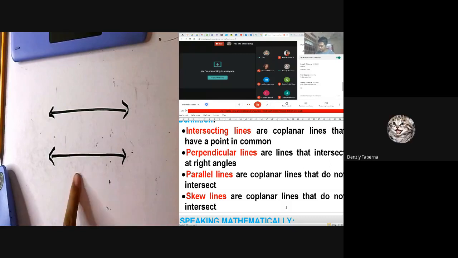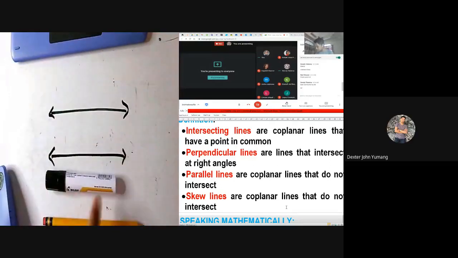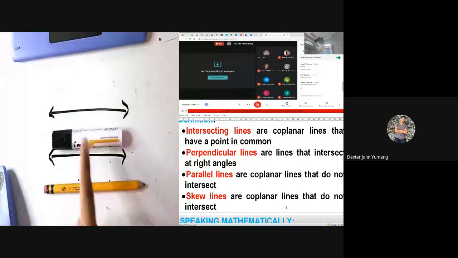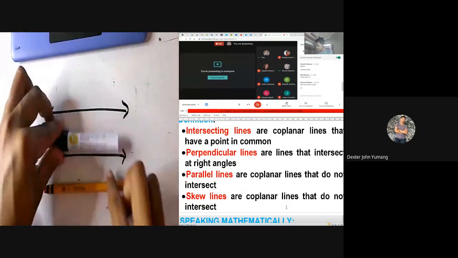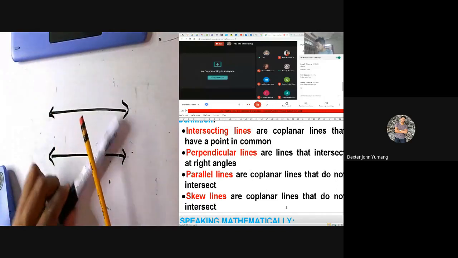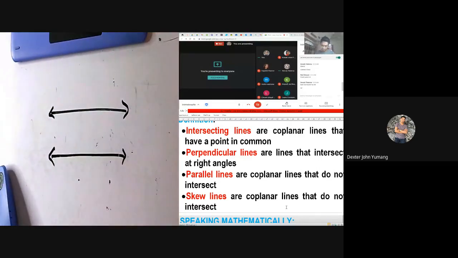Ang parallel lines ganito. Ito siya, dalawang object na ganyan. So yan yung parallel lines. Parang nagtabi sila. Pero ang skew lines, parang nag-cross sila sa ganito na side, pero pag tiningnan mo, hindi pala. Yan yung skew lines.